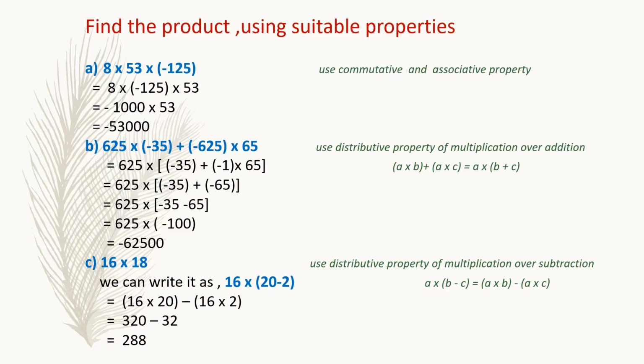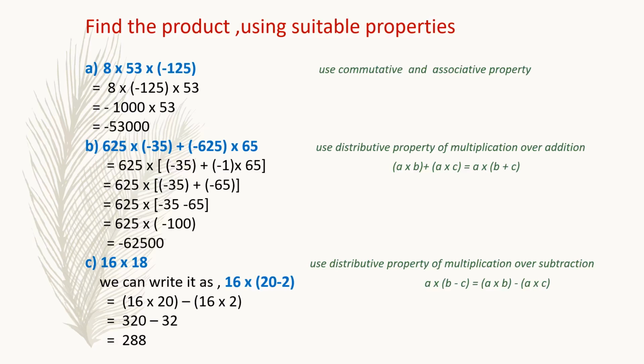But if we use distributive property of multiplication over addition, then we can simplify it as we will take out the common term, that is 625. Then we put the remaining terms with their sign in a square bracket. First we will solve the square bracket and then we multiply the digits and we will get the answer.